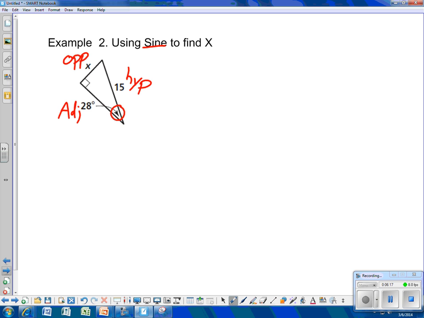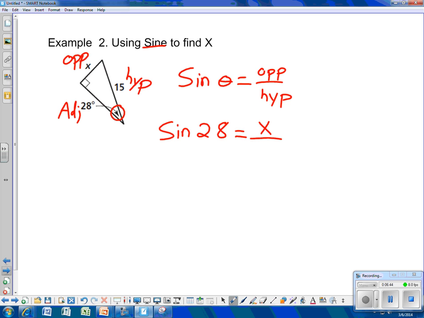Since we're using those two things, we're going to use sine, because sine of an angle, which I'm going to write as theta, equals the opposite over the hypotenuse. So we write sine of our angle that they gave us, 28, equals the opposite, which in this case is just x, over the hypotenuse, 15.